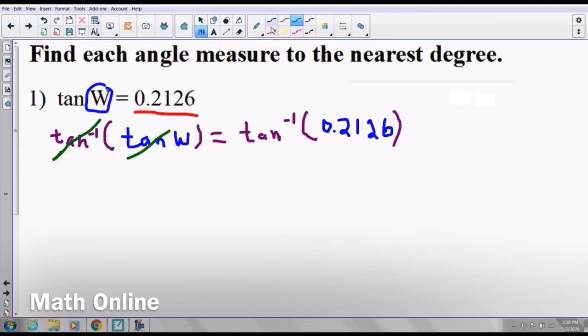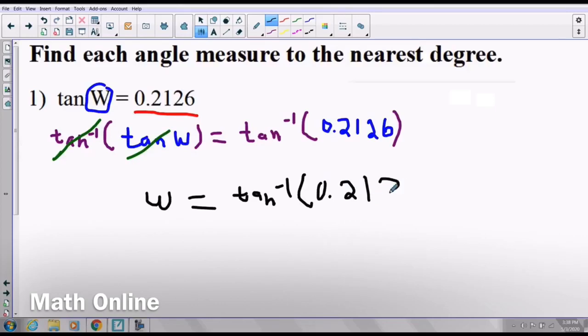So therefore, we're left with W. We're going to write W is equal to inverse tangent of the ratio 0.2126.